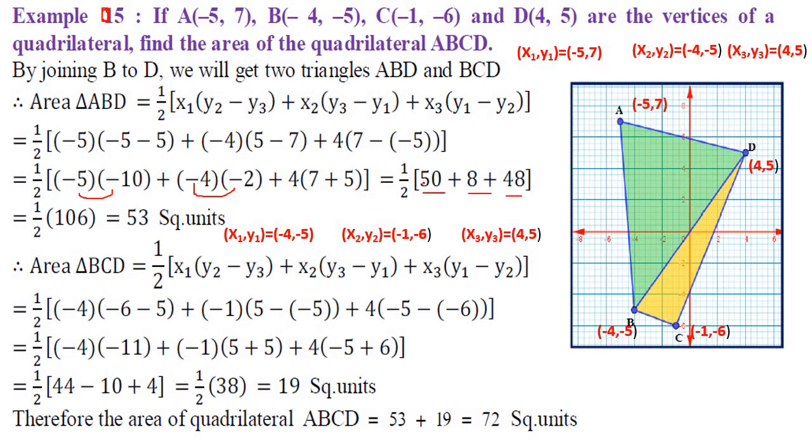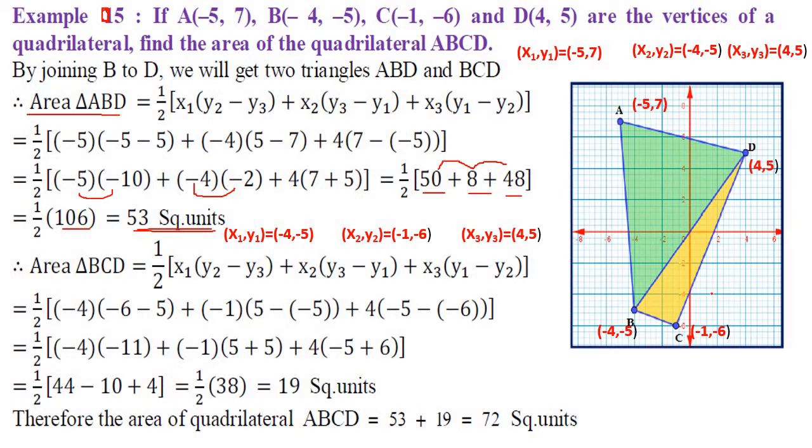Now add all this: 50 plus 8 plus 48, you will get 106. If you divide 106 by 2, you will get 53 square units. So 53 square units is the area of the triangle ABD.